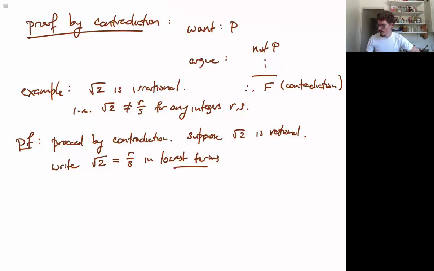And what do we mean by lowest terms? We mean that we can't reduce it any further. We mean that r and s have no common factors. So in particular, r and s are not both even, right?